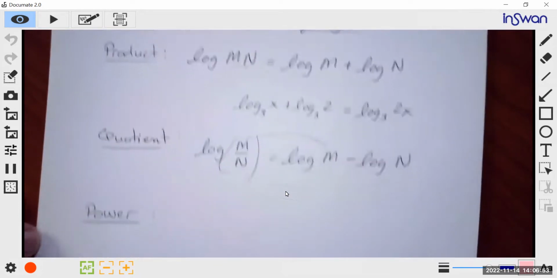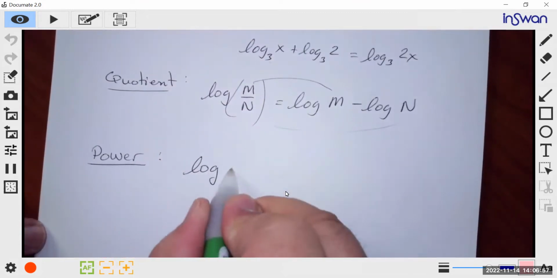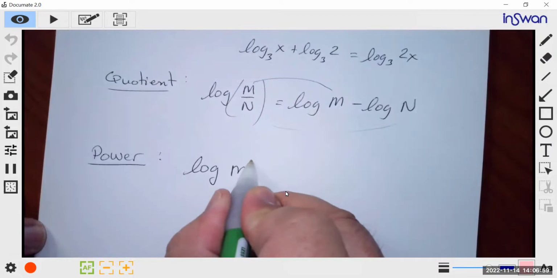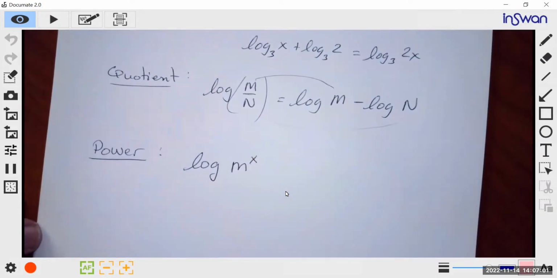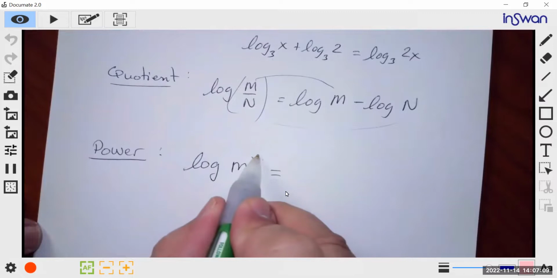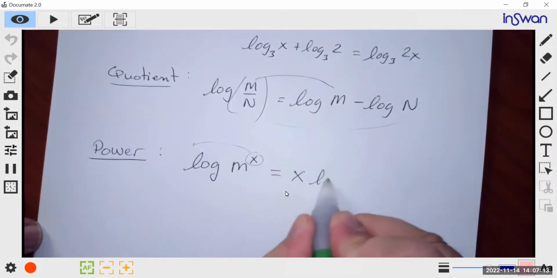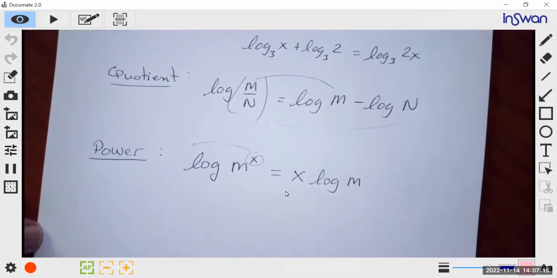And the power property. If I take a log of a number to an exponent, that exponent goes out in front. And there you have it.